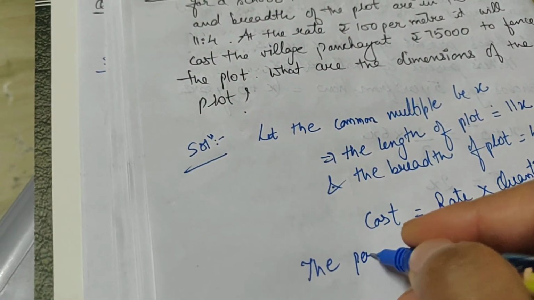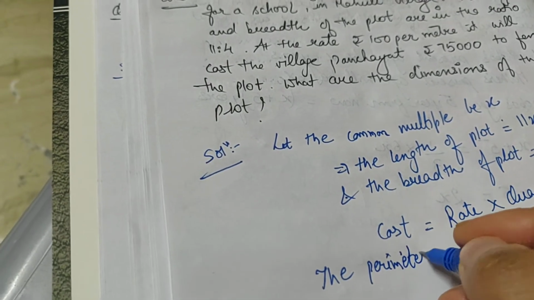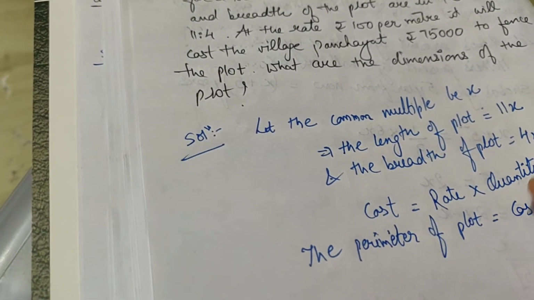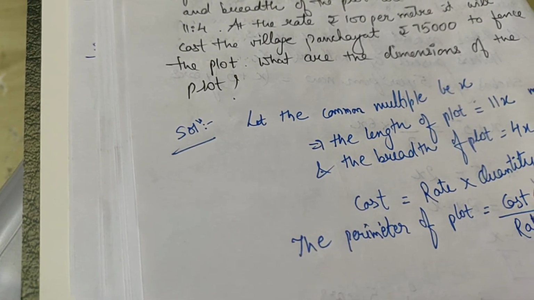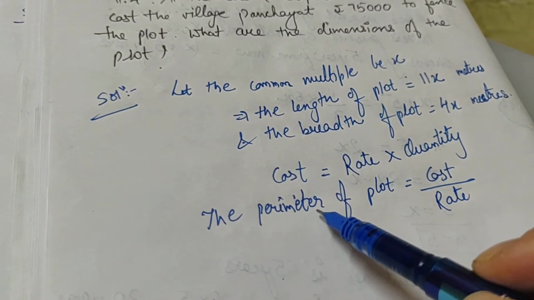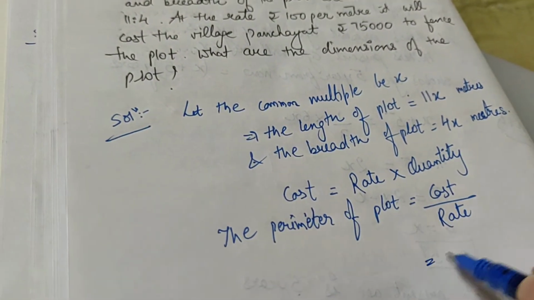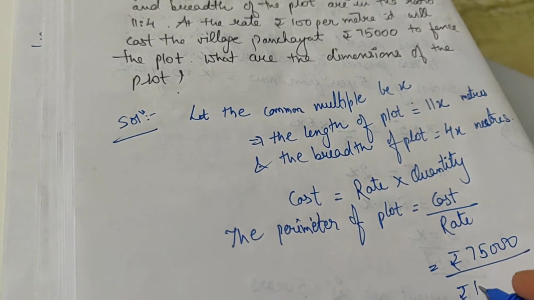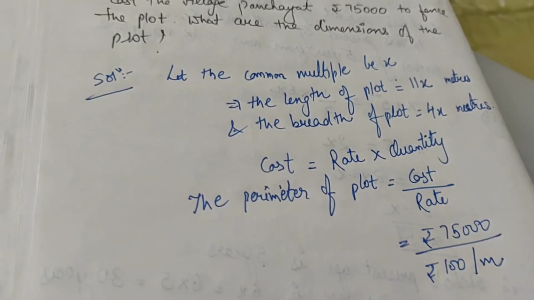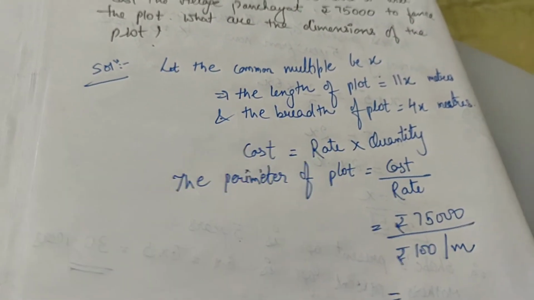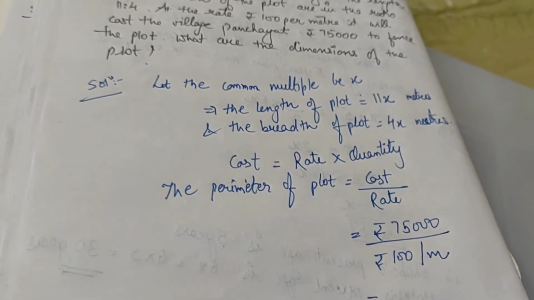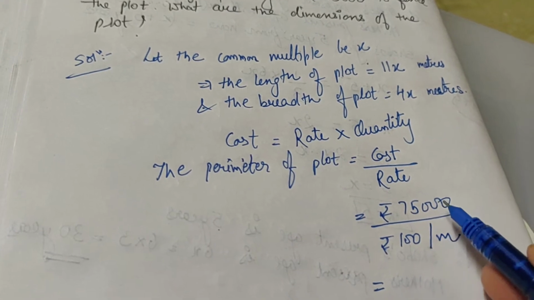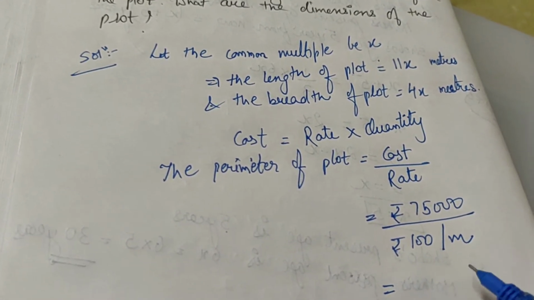So the perimeter of plot will be the cost divided by the rate of fencing, because here this quantity is actually the perimeter. So cost divided by the rate. What is the cost? Rupees 75,000. And what is the rate? Rupees 100 per meter. There are times when people write the wrong unit. It happens, but we should not write the wrong unit. It is rupees 75,000 divided by rupees 100 per meter.